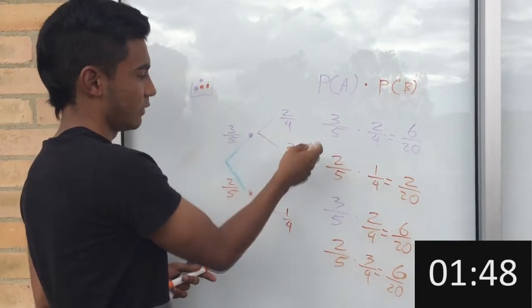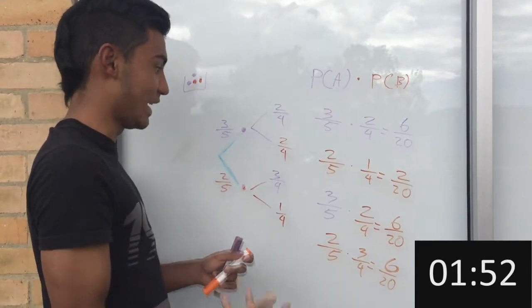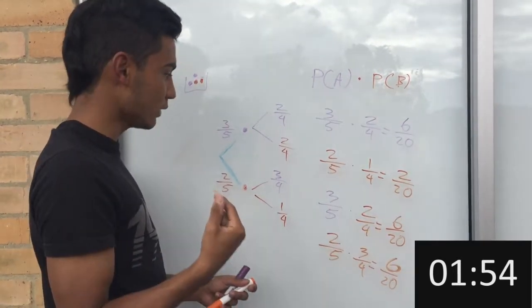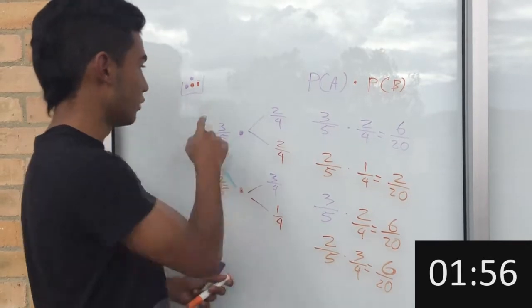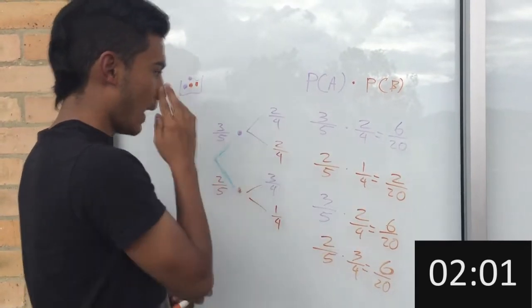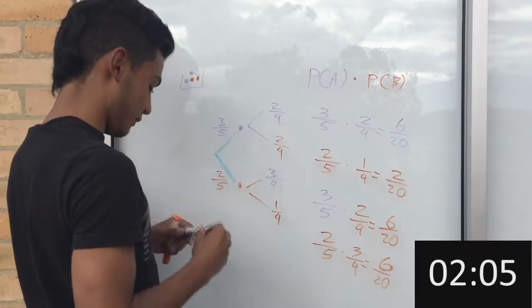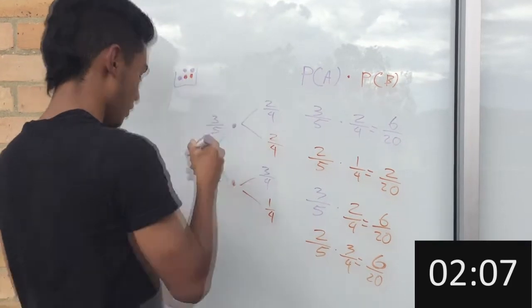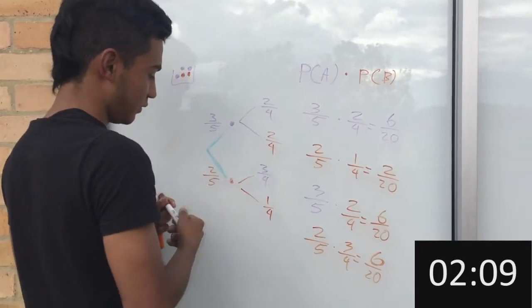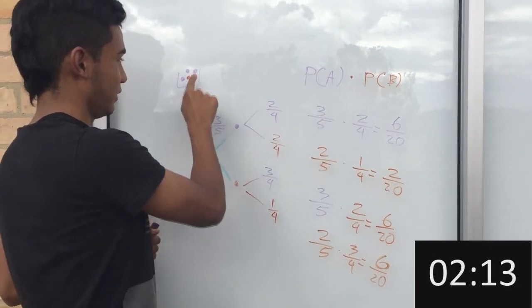And if we draw out a red, we also have 2/4, the same as the violet.